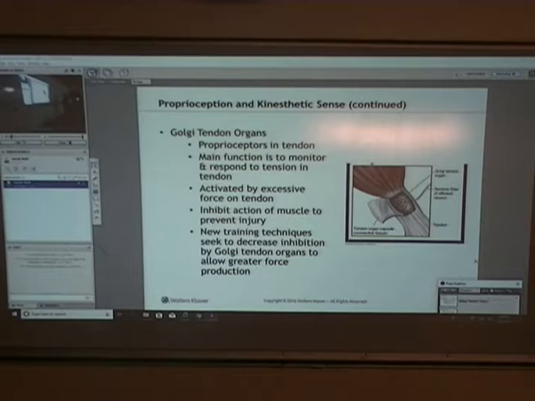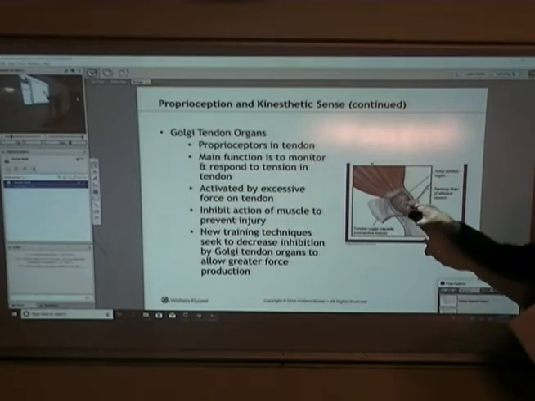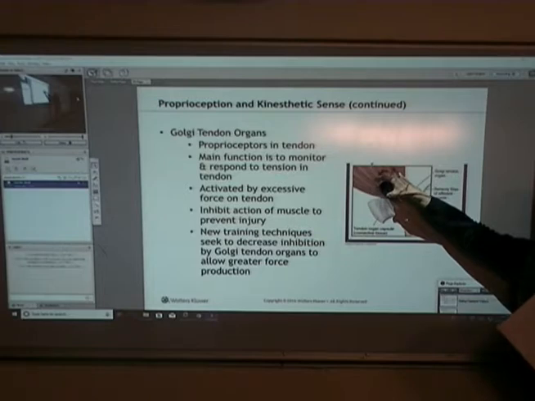So that's being developed by the force that's being produced within the muscle. Right? Because that tendon is responsible, remember, for transmitting the force from the muscle to the bone. Any force that's being picked up by the GTO is being created by the muscle.